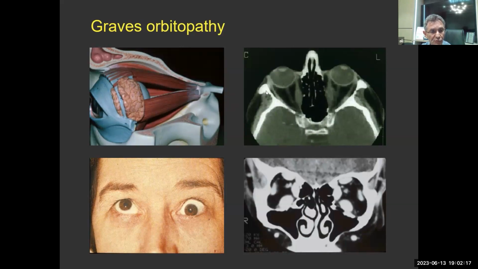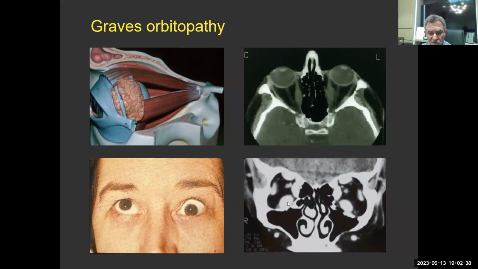You can even have people with hypothyroidism, Hashimoto's, having thyroid eye disease. And this is the infiltration of lymphocytes and inflammatory tissue into the extraocular muscles, as you can see here on a CT scan. This is the medial rectus. You can see how thick they are. They're greater than 2 millimeters.